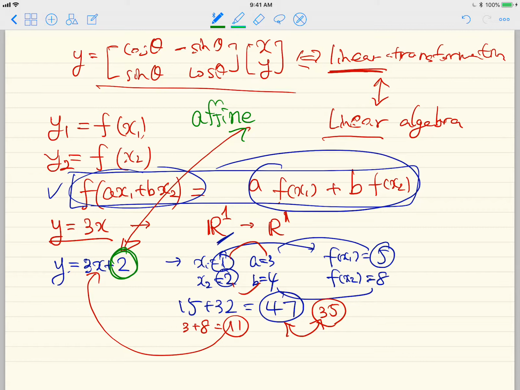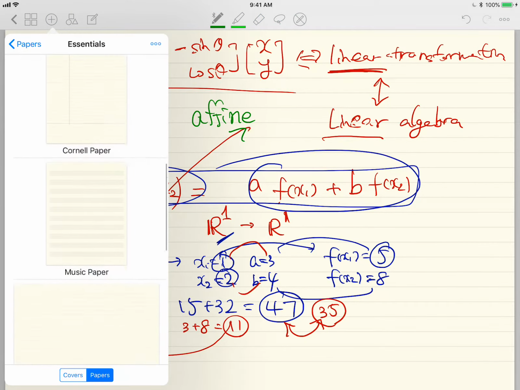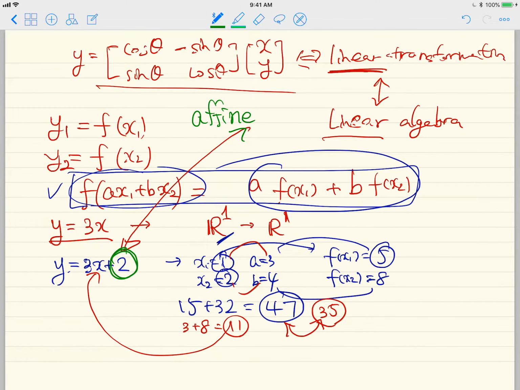Both of these layers can be viewed as this affine layer, because in the case of convolution we have a bias term, and the affine layer is not just linear in terms of the inputs, but also contains the bias term, right?